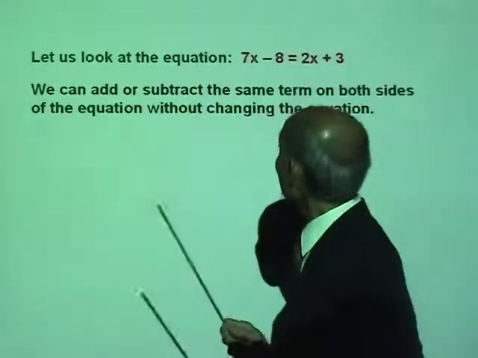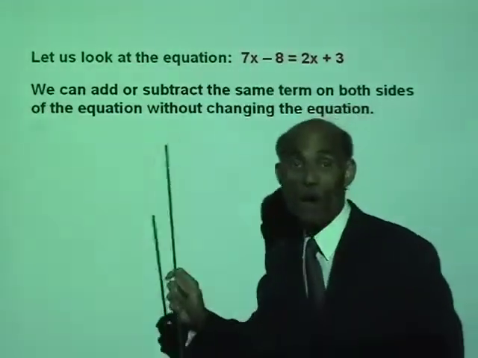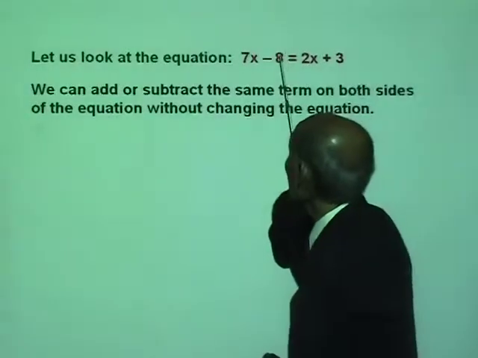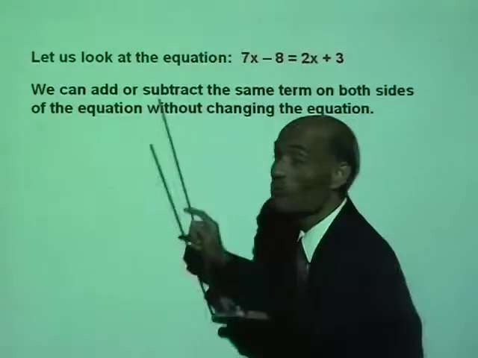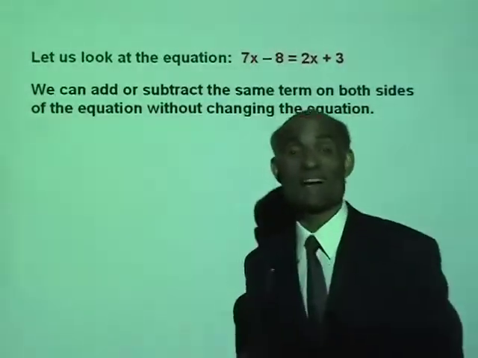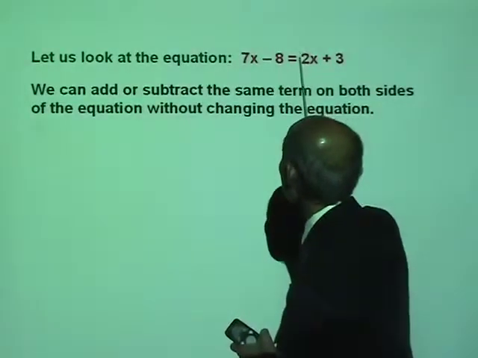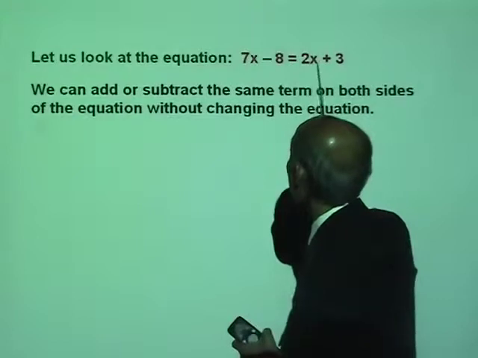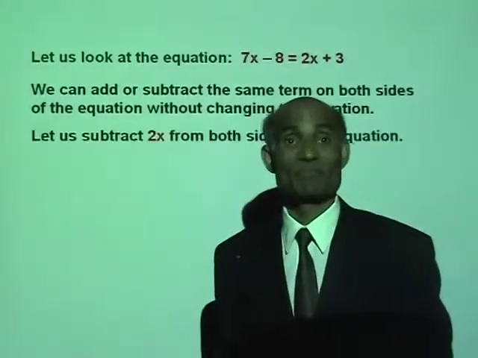Now, in solving an equation like this, very often we want to group the terms that contain the variable on one side and the numbers to the other side. In order to do that, we may want to get rid of this 2x from the right side. So what will you do then?